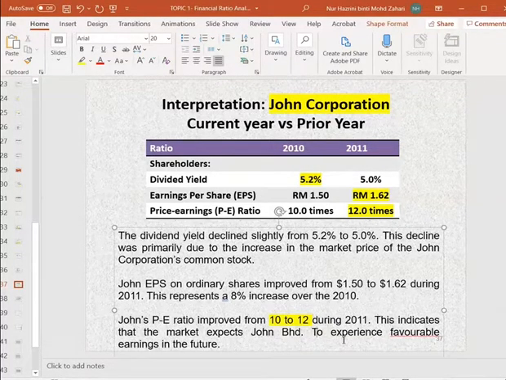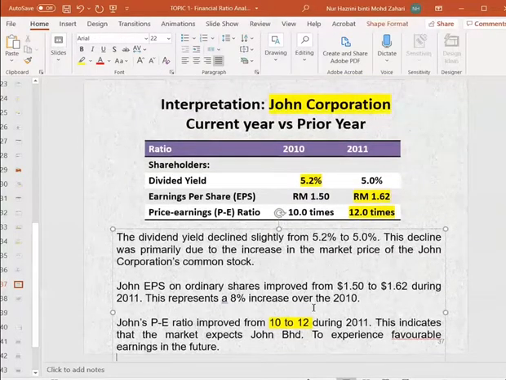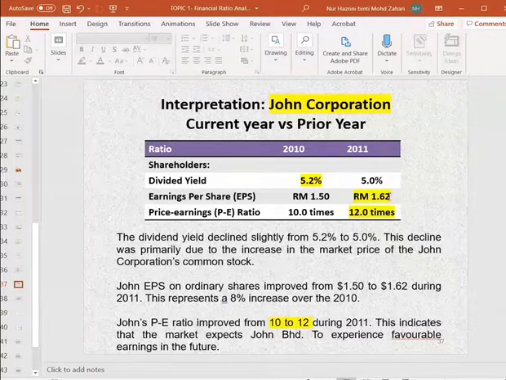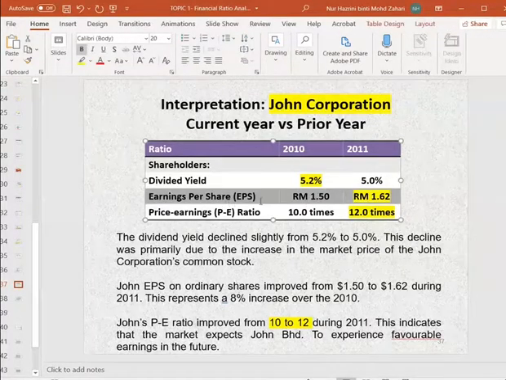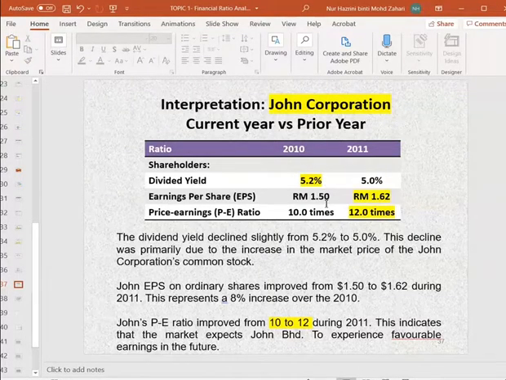Like I said just now, speculation can be the reason why people are willing to pay higher to purchase your shares. But here, you can also use earnings per share as your reason. Maybe it's also because John Corporation is doing better in terms of earnings per share as compared to the previous year.